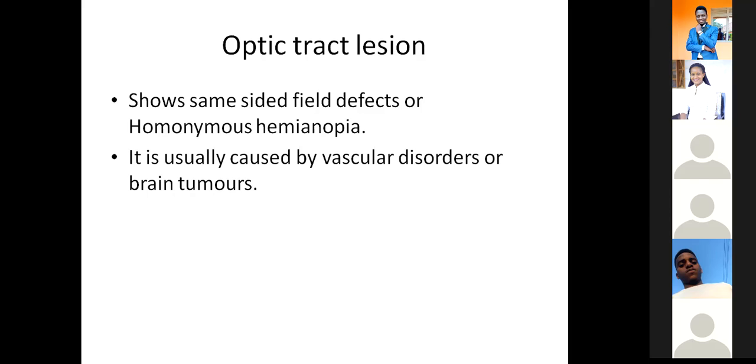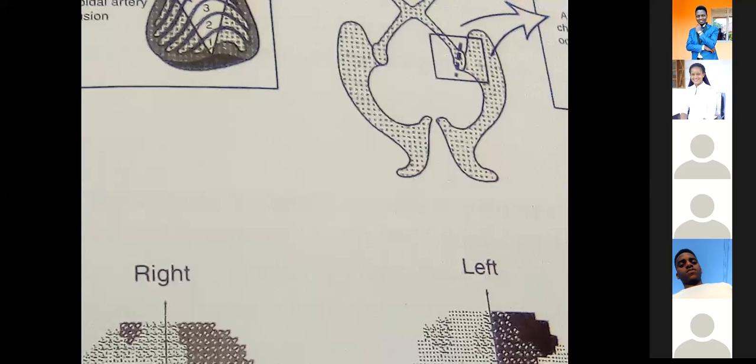And therefore, as we talked earlier, we said temporal fibers are responsible for nasal field of vision, while nasal fibers are responsible for temporal fields of vision. Therefore, what do we see in the right eye? Since the temporal fibers are the ones damaged in the right optic tract, we shall see a right nasal field defect, while on the left eye, we shall see a left temporal field defect, which is what we saw here.